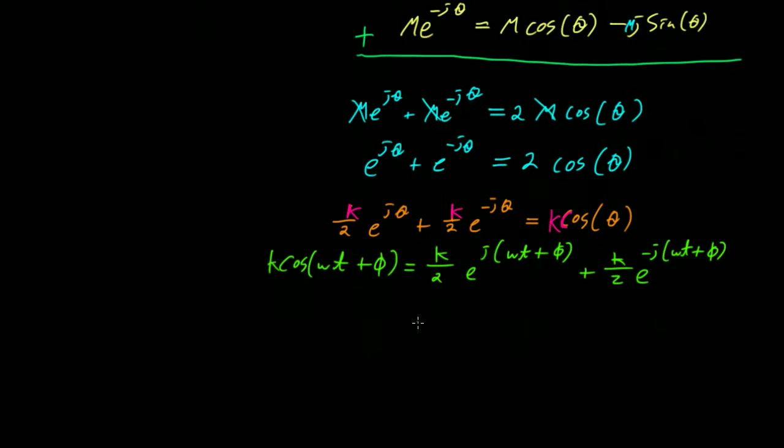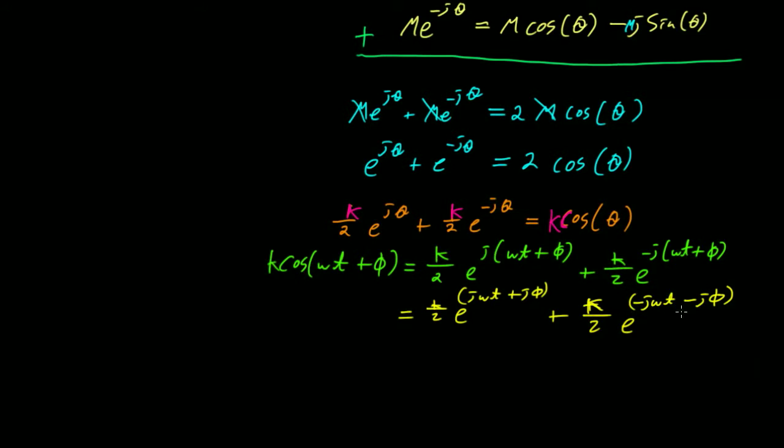This is equal to k over 2 e to the (j omega t plus j phi) plus k over 2 e to the (minus j omega t minus j phi), that's all the exponent there.